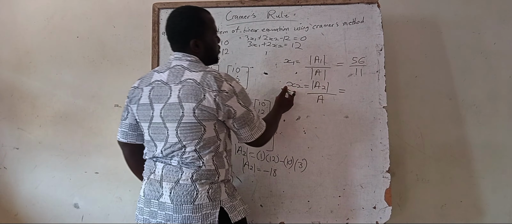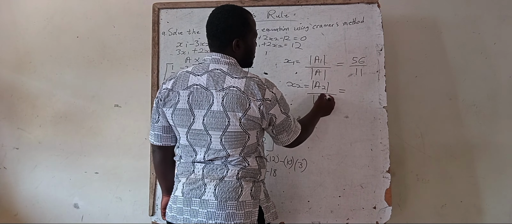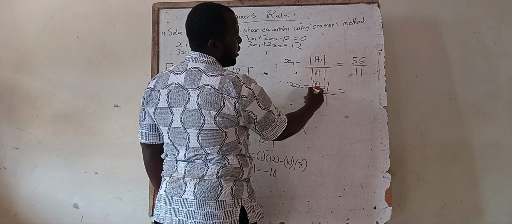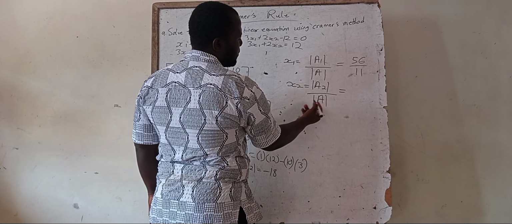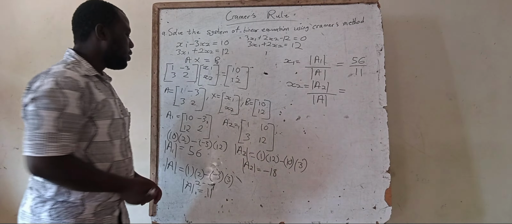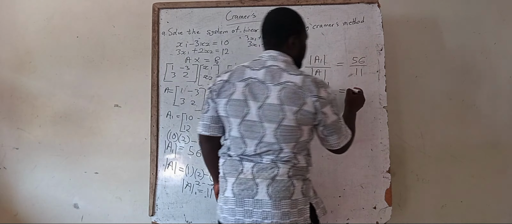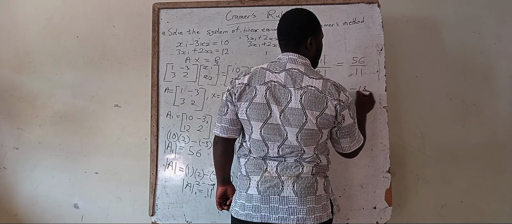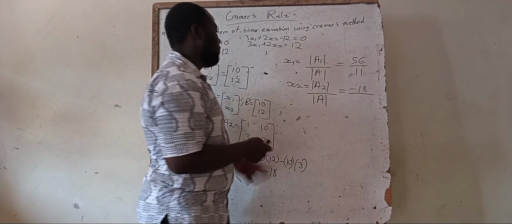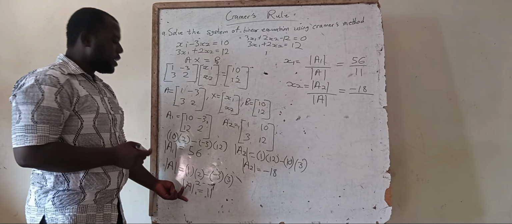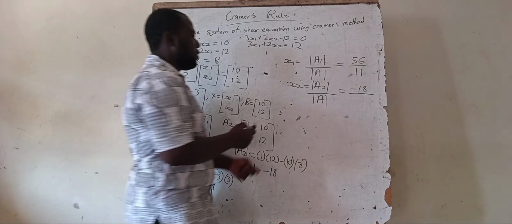Let's move on to x2. x2 will be the determinant of A2 over the determinant of A. We found the determinant of A2, which is -18, over the determinant of A, which we just found is 11.